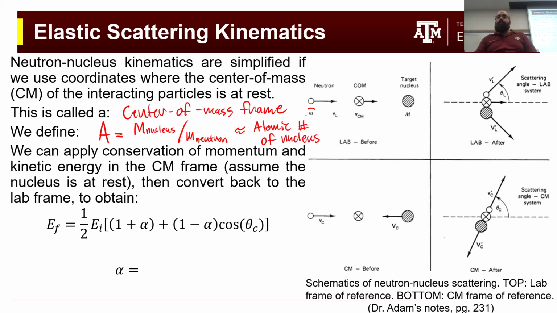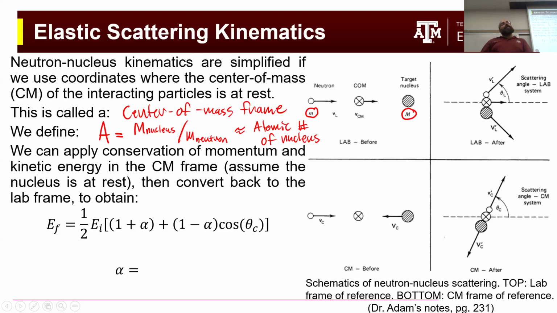So we've got a neutron here with mass little m, we've got a target nucleus with mass big M. Capital A is the ratio of the mass of that nucleus to the mass of the neutron, which is almost the same as the atomic number of the nucleus, but the mass of the neutron isn't exactly one, so technically they're a little bit off.